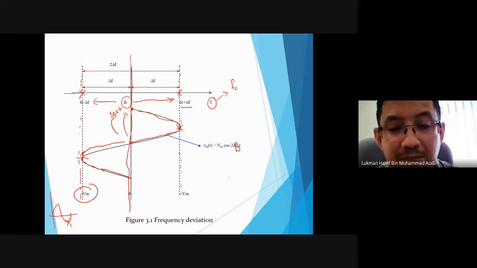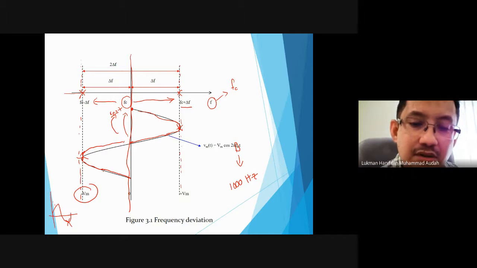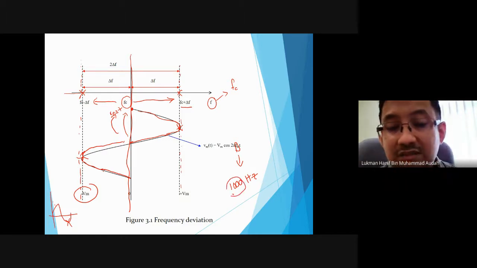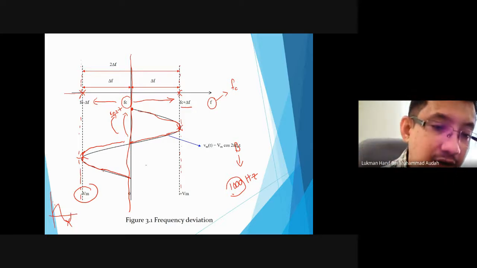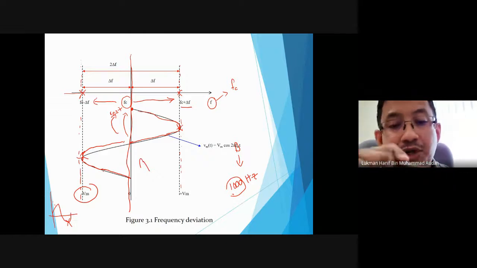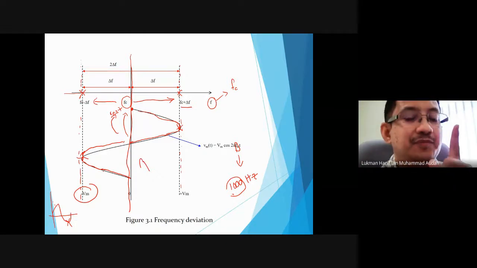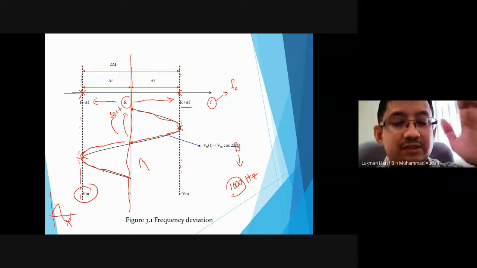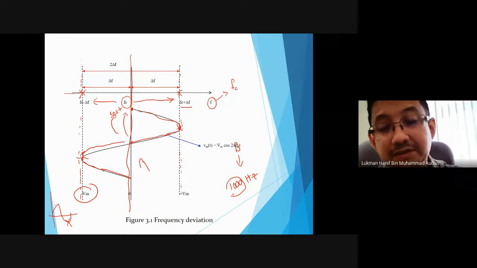So kalau Fm ini, for example, 1000 Hertz, that means VMT changes 1000 cycles per second. Maknanya ada graf seperti ini sebanyak 1000 kali dalam masa 1 saat. Dia berubah-ubah sebanyak 1000 cycle per second.